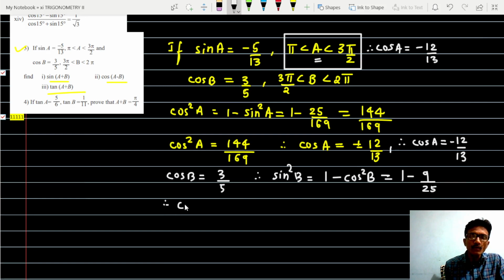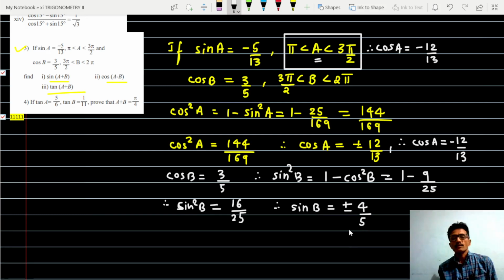Therefore sin² B is equal to 25 minus 9, which is 16 upon 25. Therefore sin B is equal to plus or minus 4 upon 5. But our B lies in which quadrant?